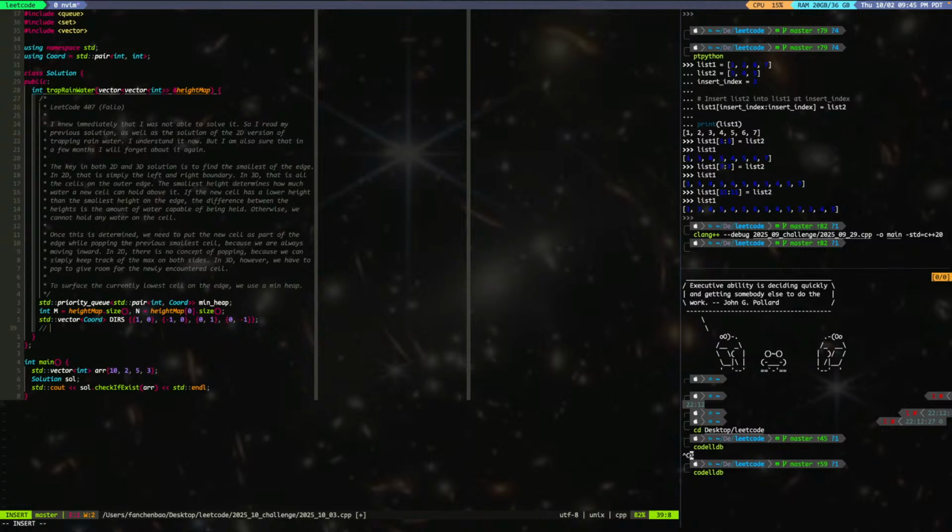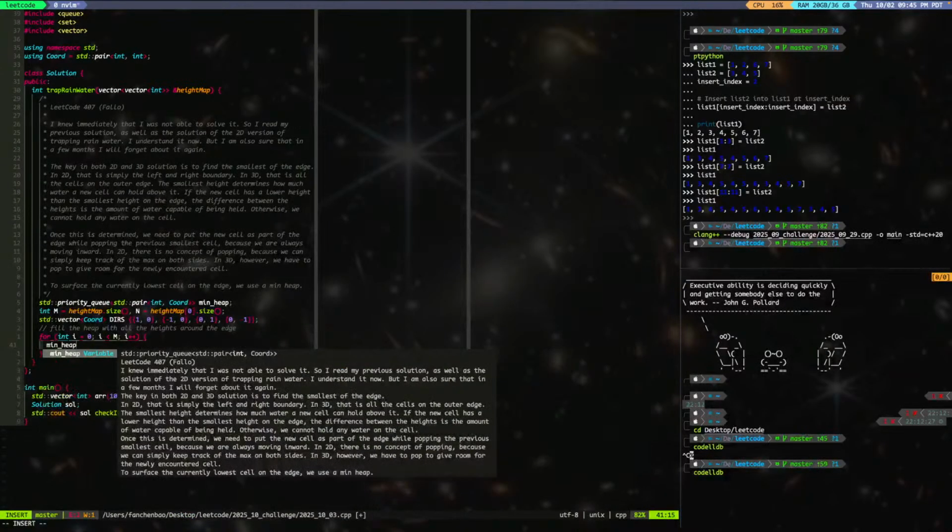Okay, so fill the heap with all the heights around the edge. Okay, i = 0, i smaller than m, i plus plus.